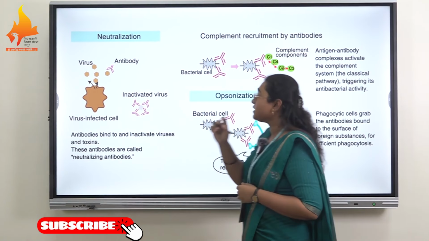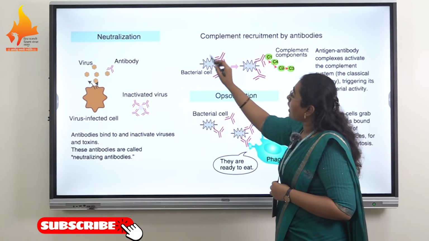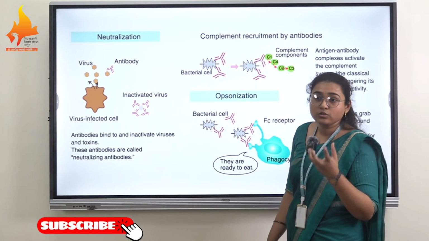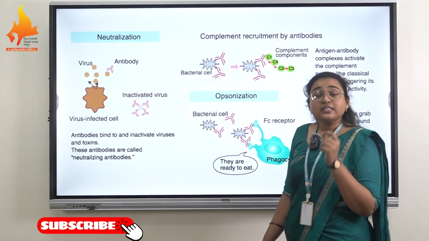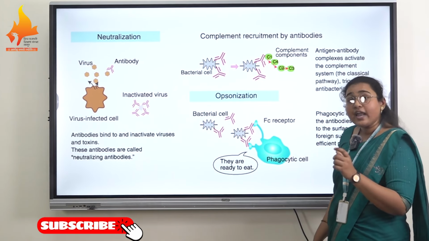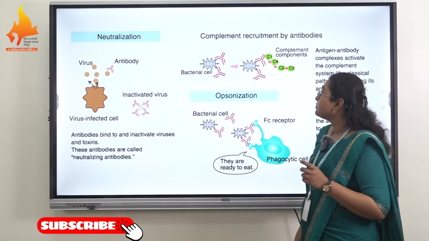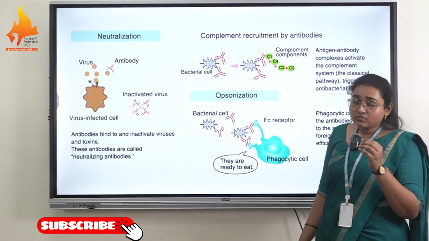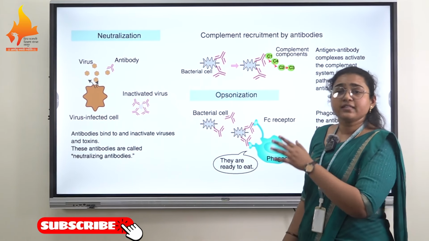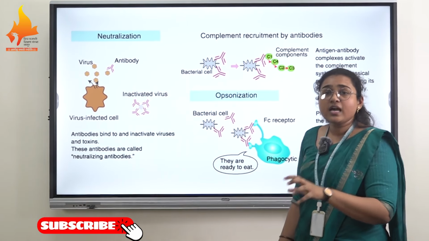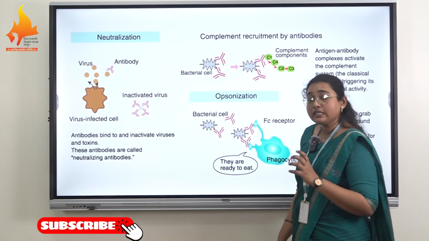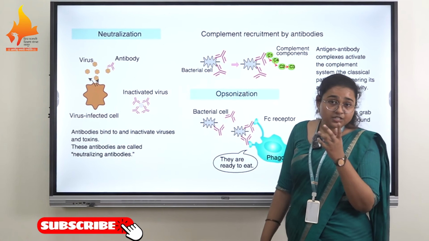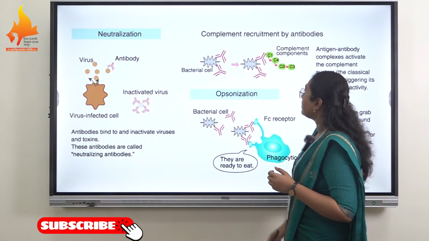The second is complement recruitment by antibodies. When antibodies attach to the antigenic particle, they form an antigen antibody complex, and this complex recruits complement proteins. What are complement proteins? In the immune response, along with these cells and organs, there are specific low molecular weight proteins called complement proteins, which are important in generating the immune response as well as in eliminating the pathogen.